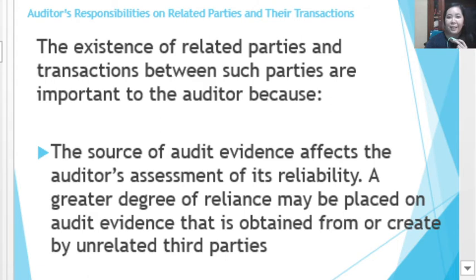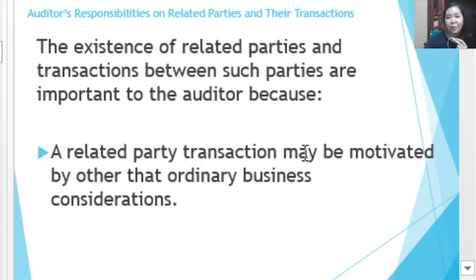However, if the auditor did not know that the party he collected the evidence from is a related party, there may be some doubt or difference, because these parties have a relationship with the entity.